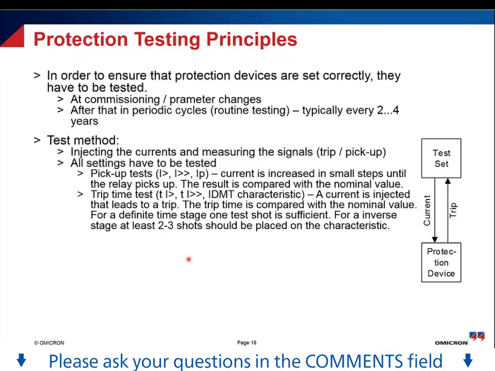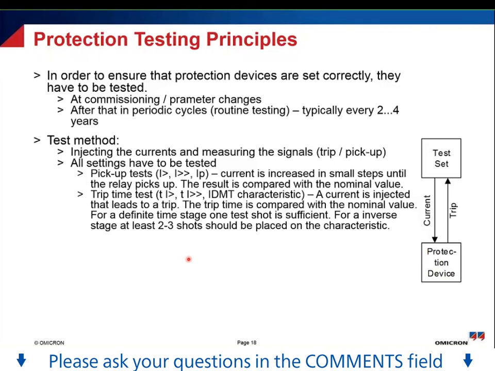Here you do a so-called test shot, which means a current is injected that leads to a trip. So you inject a current that is higher than the pickup current to get a trip, and then you measure the trip time. And the result of this measured trip time will be compared with the nominal trip time that should be in the relay. And if they match, everything's fine. If they don't match, it's not that good.